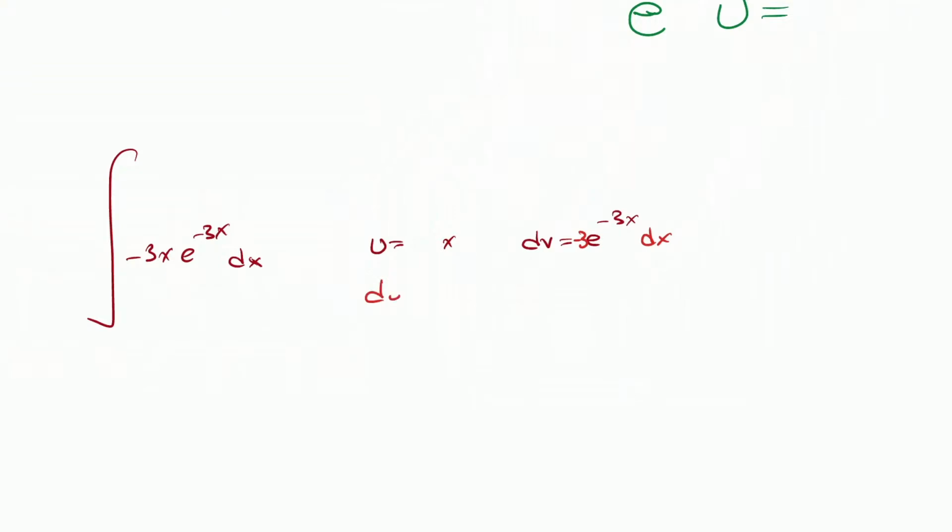Asol, you know the derivative of x, don't you? It is just 1, very good. So du is equal to 1 times dx. And then, Adric, do you know the antiderivative of negative 3e to the negative 3x? e to the negative 3x, is that what you said?